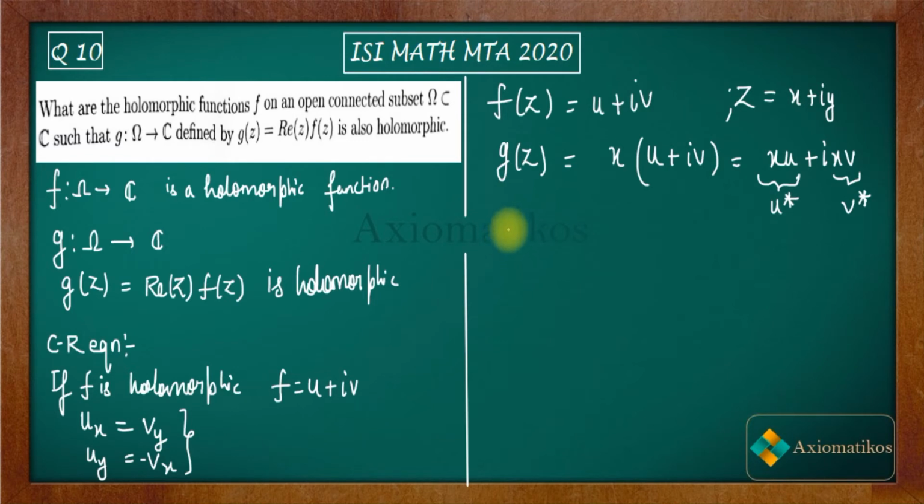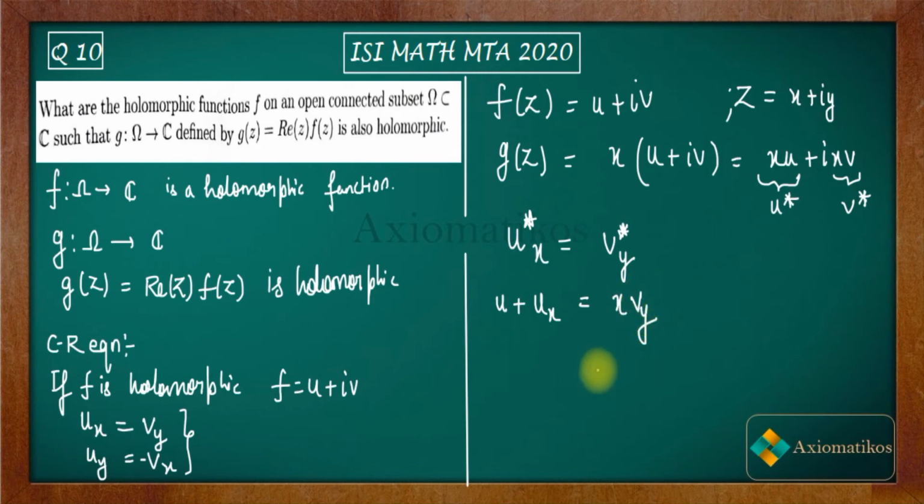What we need is for g to be holomorphic, that means u star x is equal to v star y. So what is u star x? When you differentiate partially with respect to x, you have to use the product rule. Differentiating x you will get u, and then differentiating u you will get x u_x. On the right hand side you differentiate with respect to y, so x will be treated as constant, so you will only get this.